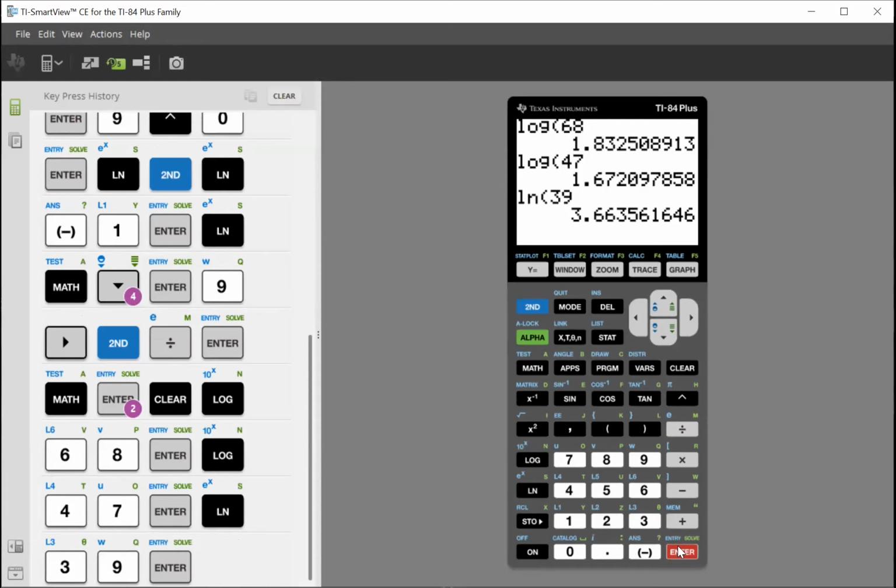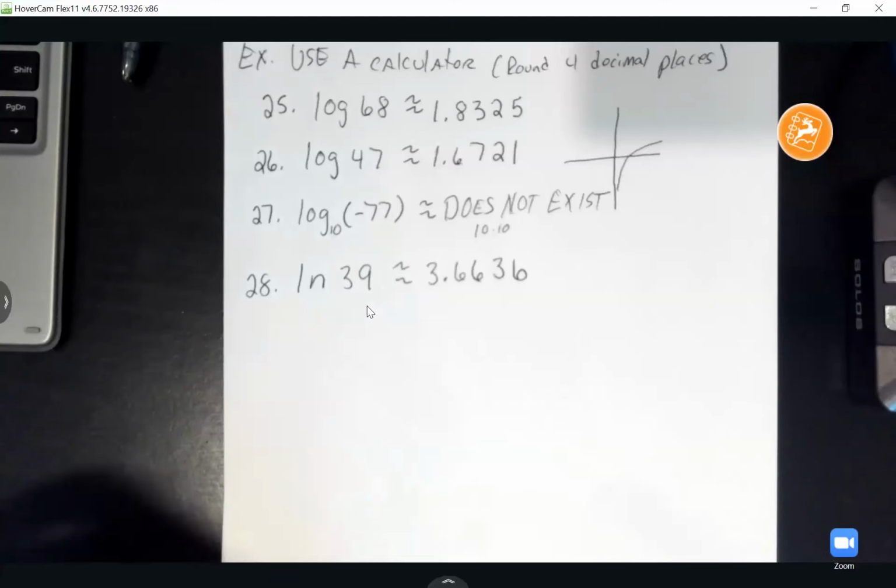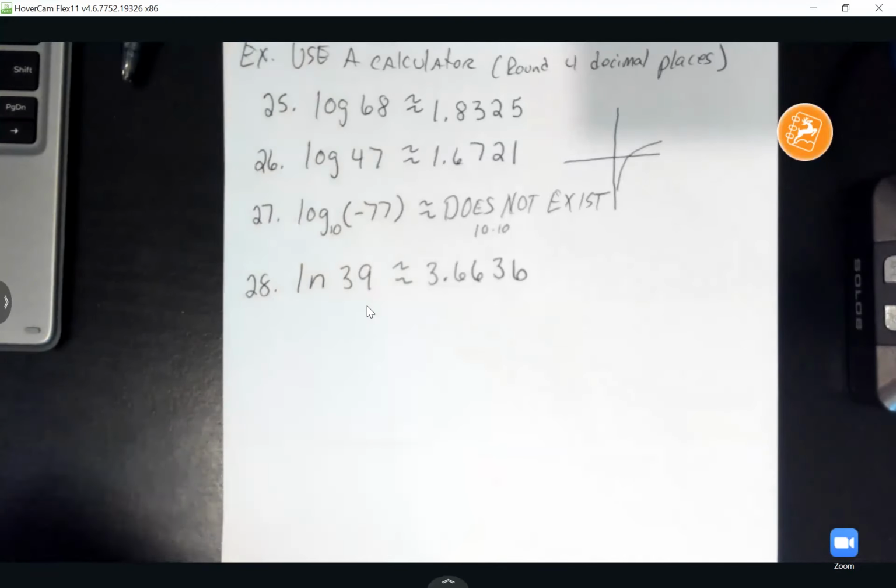All righty. So I'm looking at that 5. Am I keeping the 5 or is it going up? Going up. Going up 1 because of that 6 behind it. So this will be 6636. Now, y'all remember, if you wanted to, you can change that calculator, float it on a 4. If you put it on 4, it'll round you off 4 decimal places.